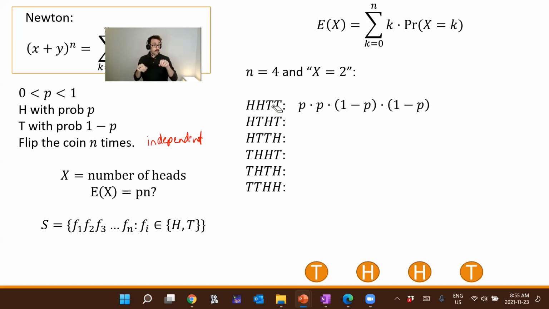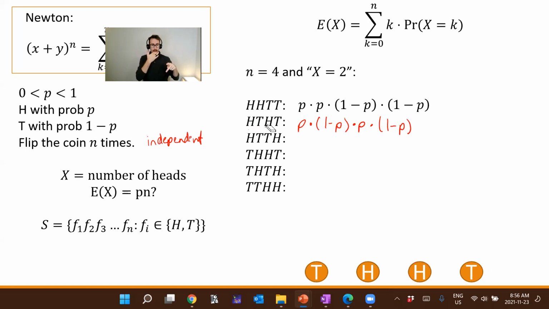So here I have heads, heads, then tails, tails. For this one, I have heads with probability p, tails with probability 1 minus p, then heads with probability p, and tails with probability 1 minus p.